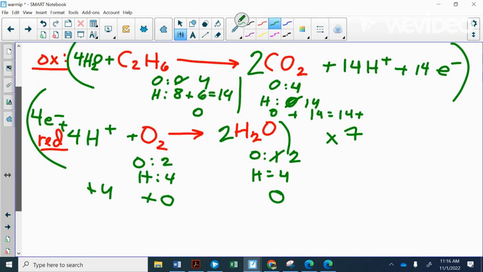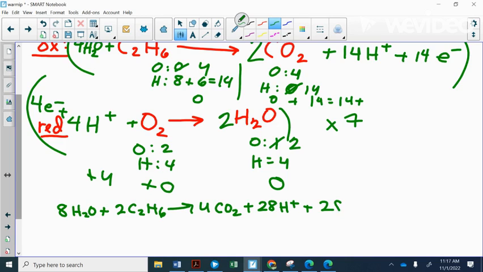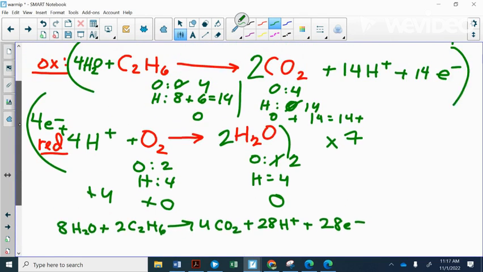So I'll do my best to. So the top one's getting multiplied by 2. So 8 waters plus 2 C2H6 goes to make 4 CO2 plus 28 hydrogen ions plus 28 electrons. Okay? That was not part of the top.